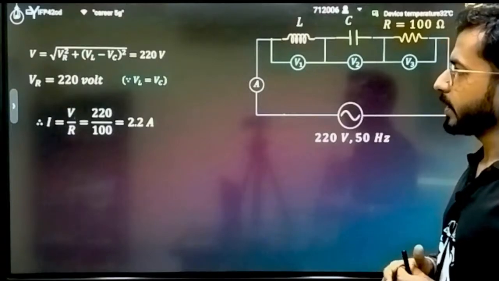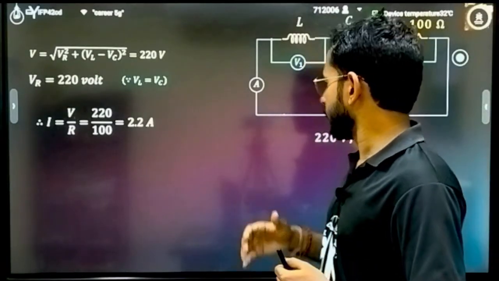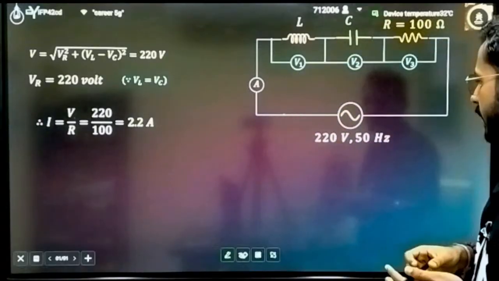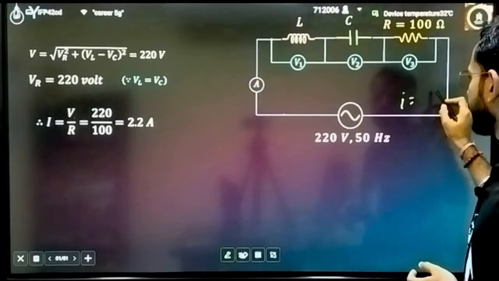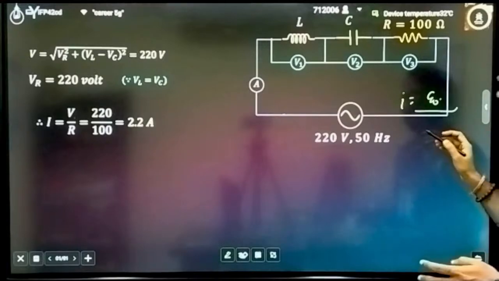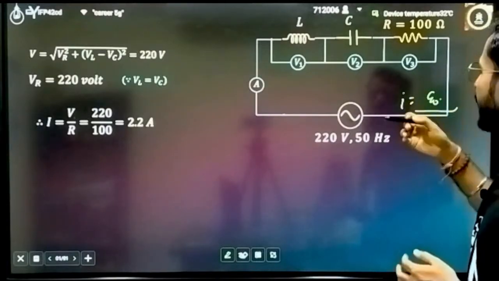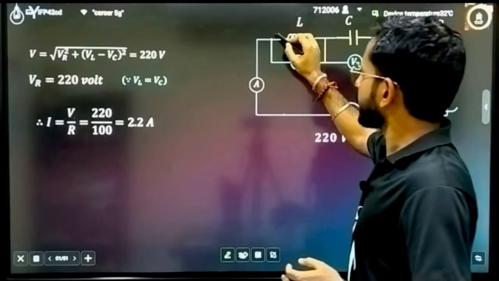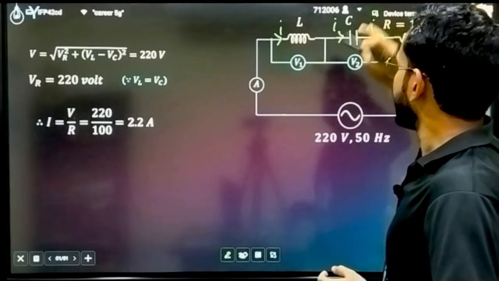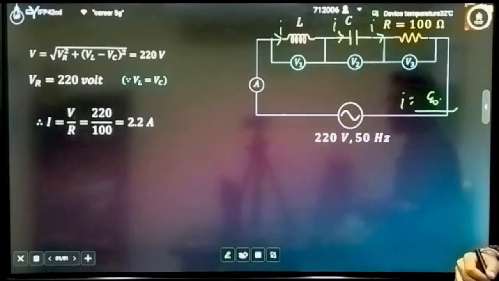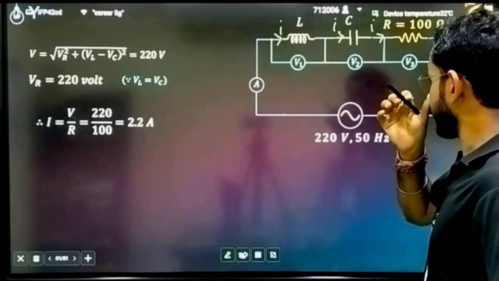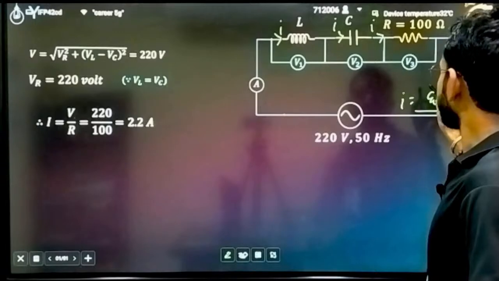See, firstly you will be calculating the current. For calculation of current, what will you do? You can calculate it across any one, because the net current flowing through the inductor, the capacitor and the resistor, all these three are the same. So you can calculate across any one.